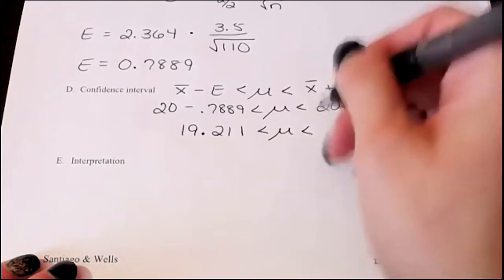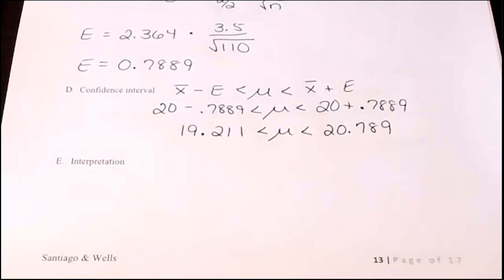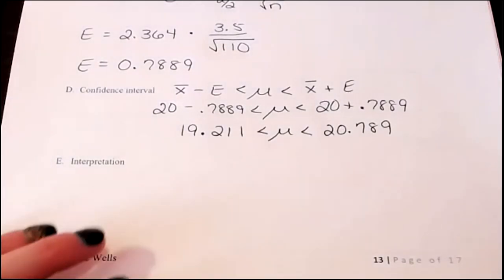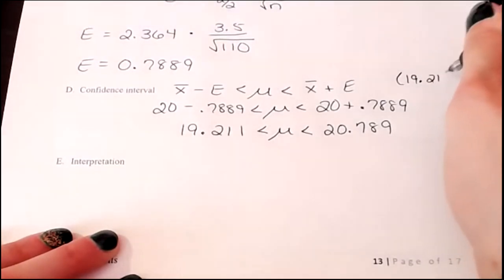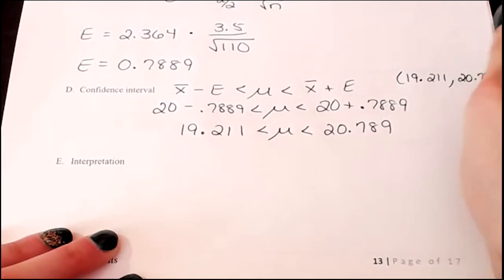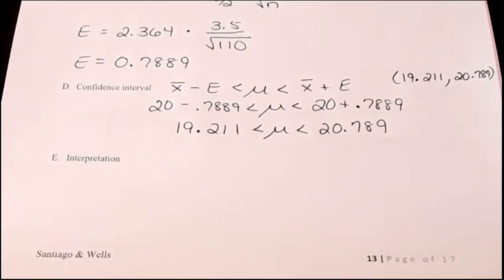Anyone? 20.789. Perfect. And we have our confidence interval. We can also write it in interval notation, 19.211, comma, 20.789. We can write it in interval notation as well.